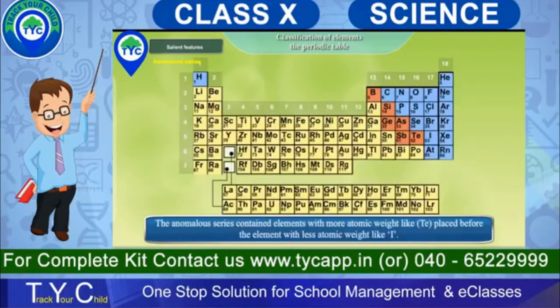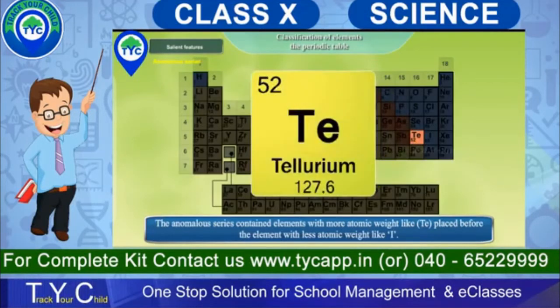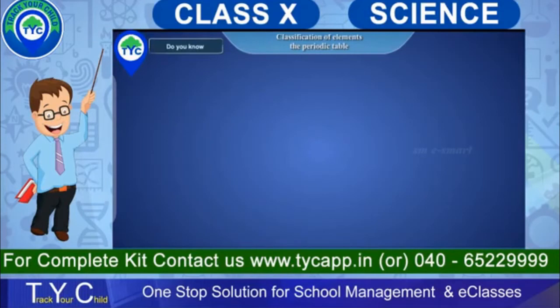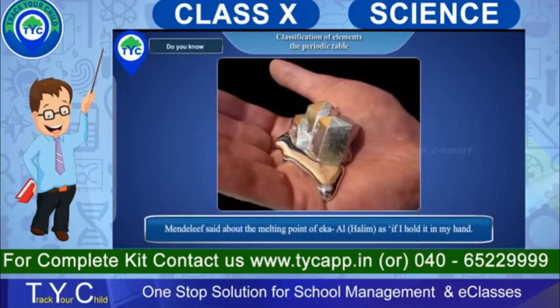The anomalous series contained elements with more atomic weight, like Te, placed before the element with less atomic weight, like I. Do you know? Mendeleev said about the melting point of gallium, Ga, as if I hold it in my hand, it will melt.